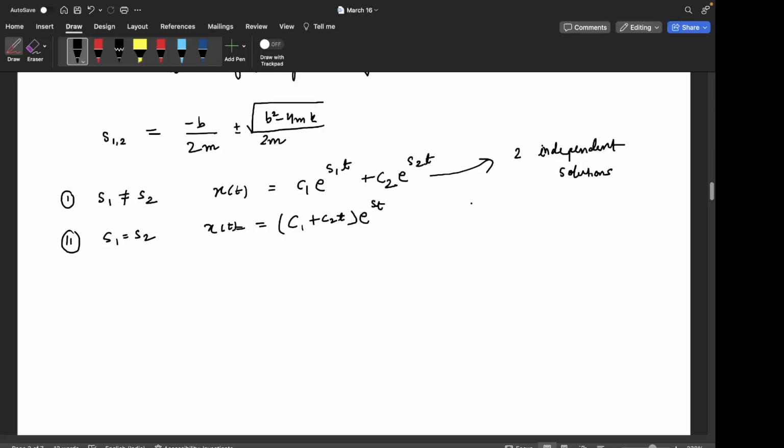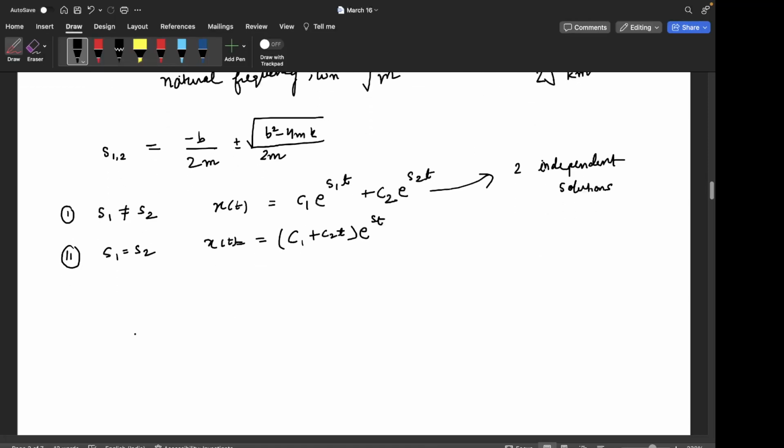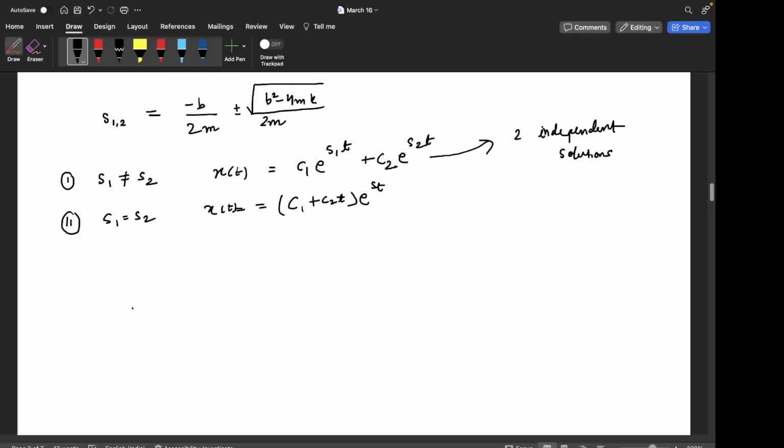So this is the solution in the second scenario when S1 is equal to S2. Now, how will we use the initial conditions?